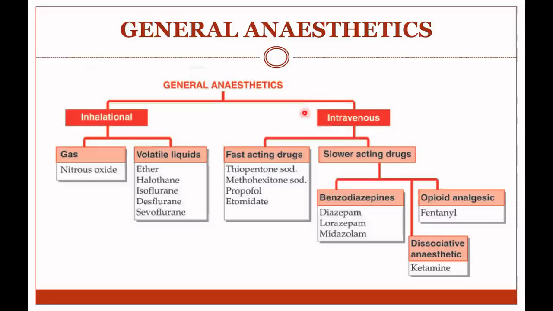Now coming to intravenous general anesthetics, they are again divided into fast acting and slow acting general anesthetics. Examples for fast acting general anesthetics are thiopentone sodium, methohexitone, propofol and etomidate. The slower acting intravenous general anesthetics are again divided into benzodiazepines, dissociative anesthetics and opioid analgesics.